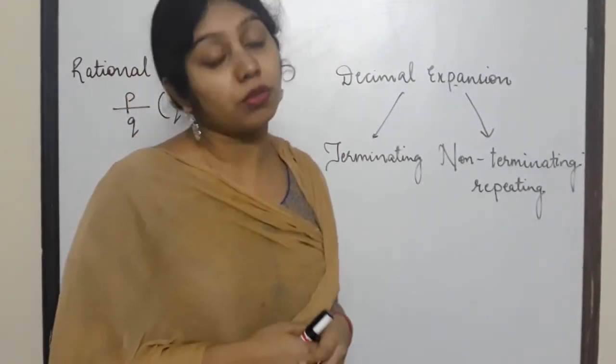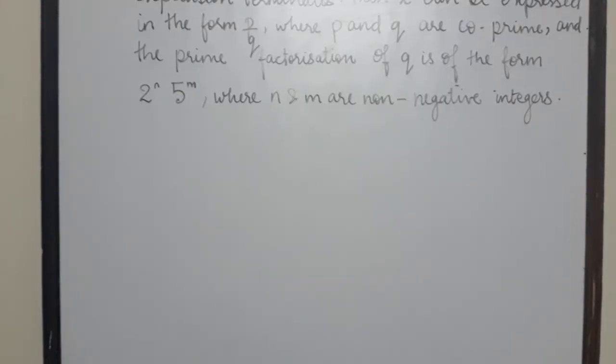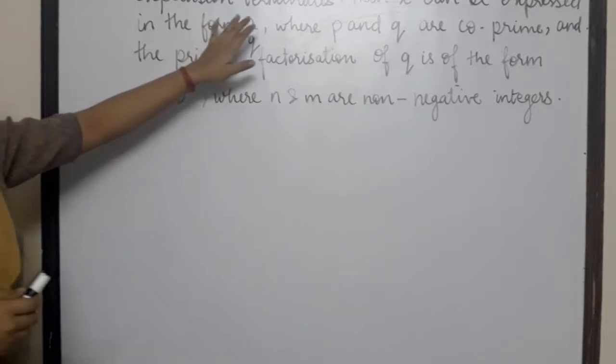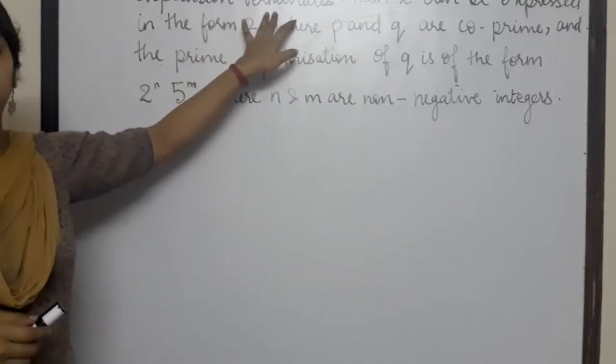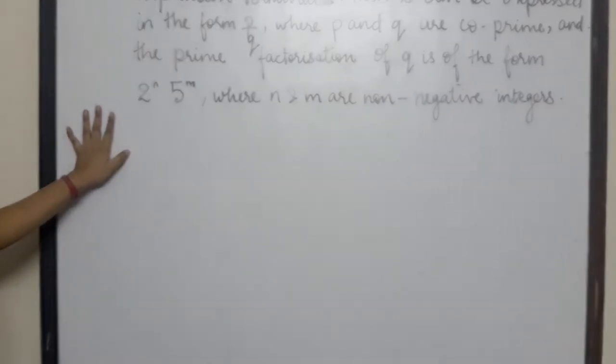Let us look at the first theorem. Theorem 1.5 says, let x be a rational number whose decimal expansion terminates. That means x is a type of rational number whose decimal will stop at a certain point.